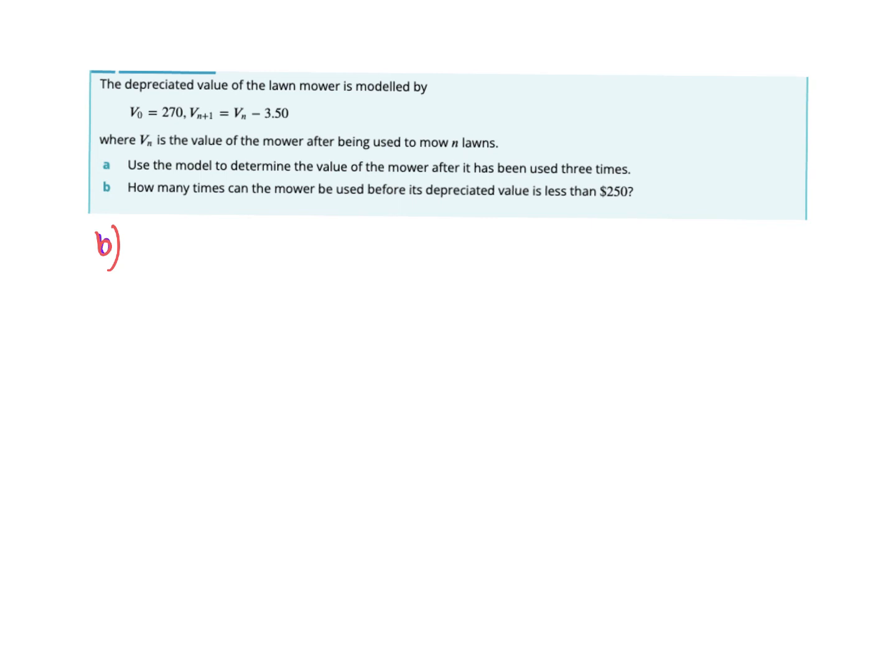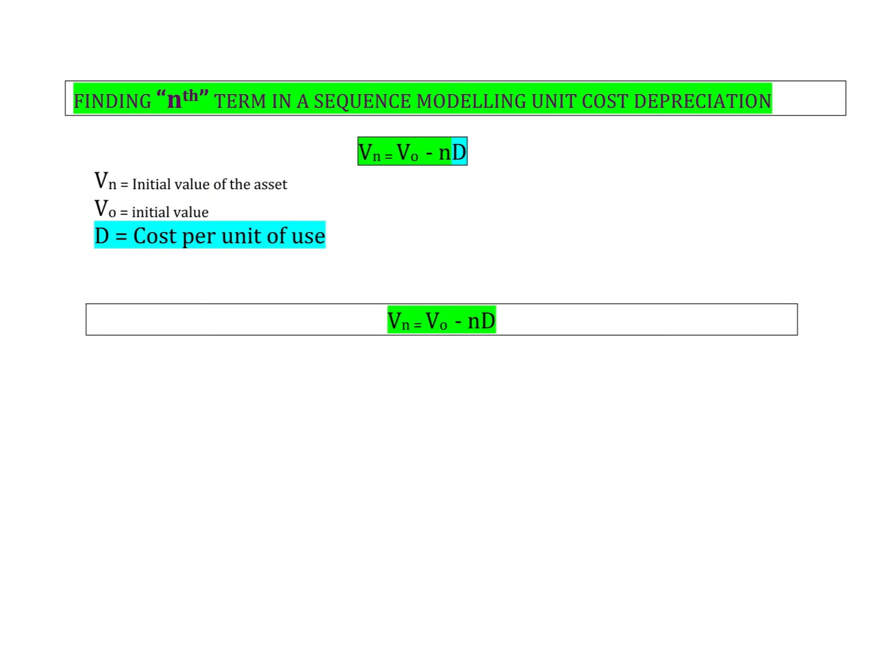And this is where I'm saying it's going to get annoying, so we'll want to go to the nth term. But let's work out what the answer is for that. Okay, so we found V6 to equal 249. So we'll say after 6 uses it will be less than 250. Okay, let's go work out the nth term formula.